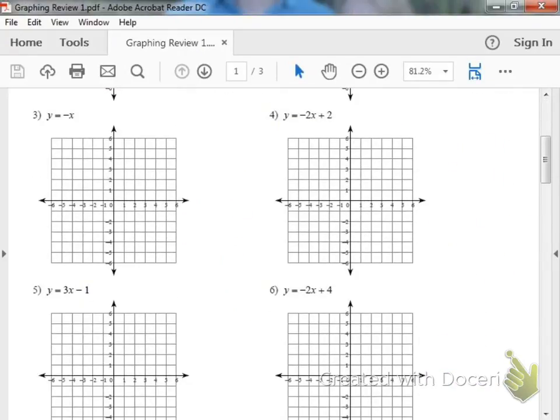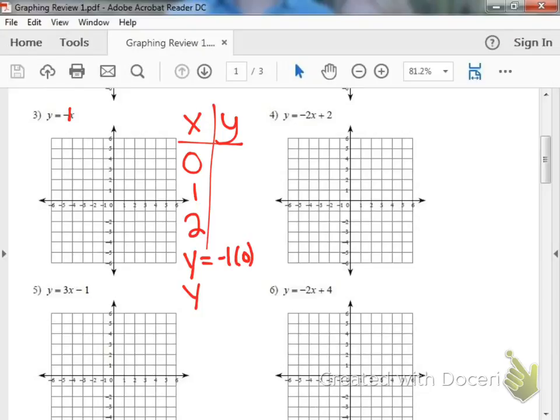We did one like number 3 yesterday. I don't remember if it was in the notes or the homework, but I remember doing one like number 3, but let's take a look at it again. Remember, that's like multiplying by a -1. So we're plugging in 0, 1, 2. So what you're actually doing is -1 times 0, -1 times 1, and negative 1 times 2.